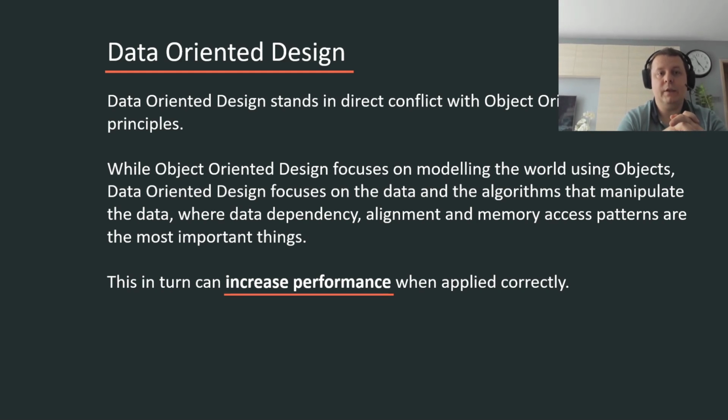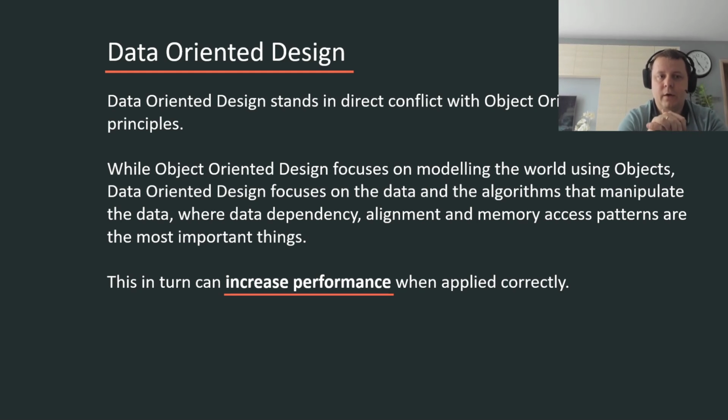But what really is data-oriented design? Data-oriented design is something that is a bit opposite to object-oriented design, if you've used object-oriented design in the past. Object-oriented design tries to model your problem, or model the world, using objects. These objects have dependencies or relationships to each other, and they have certain functionality, methods and functions, in order to provide utility.